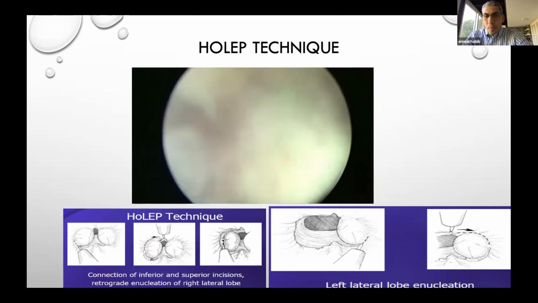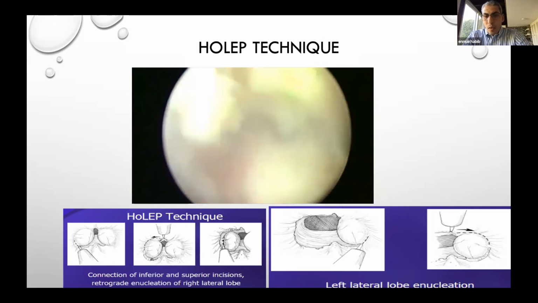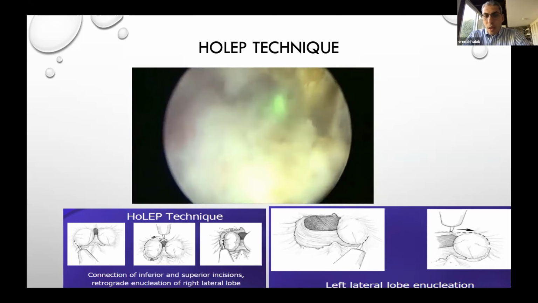We continue until we make sure that the sphincter is released from its attachment to the adenoma.